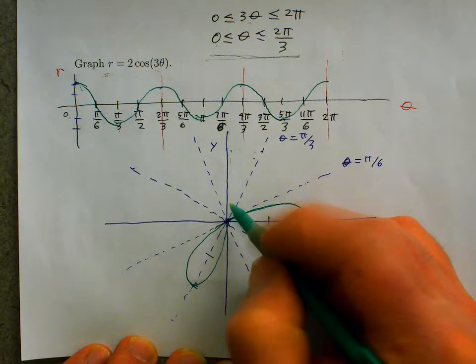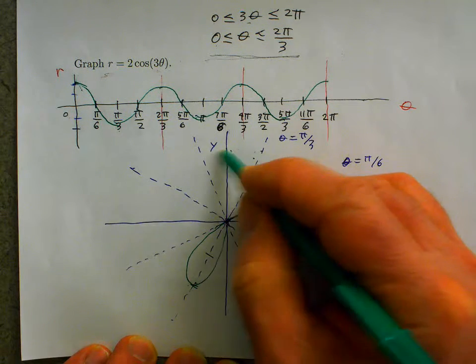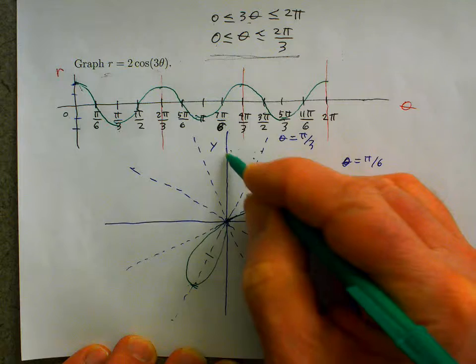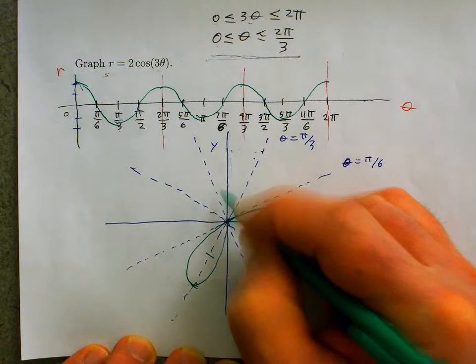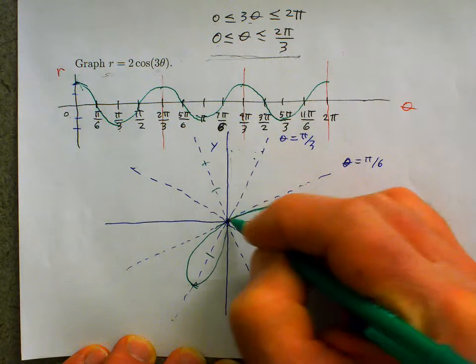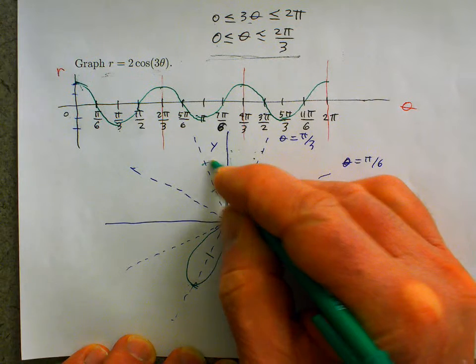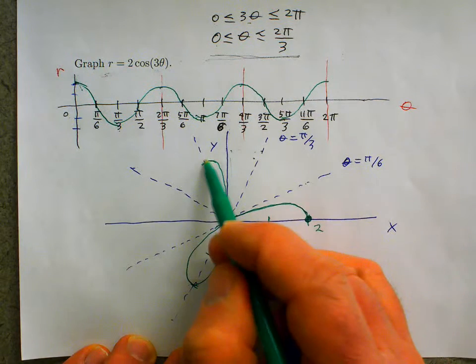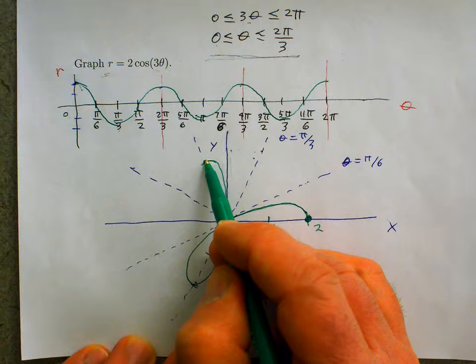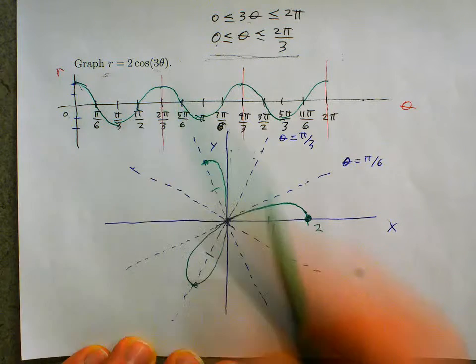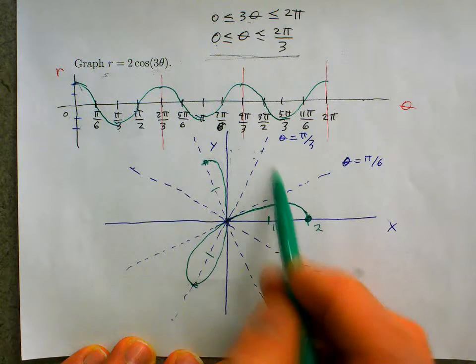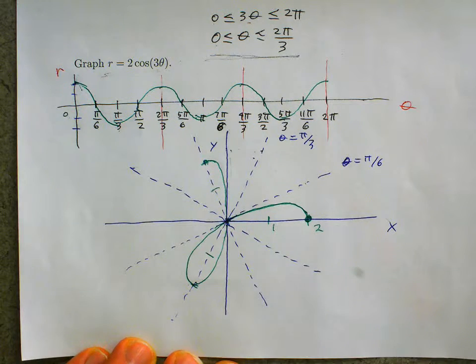So the graph will be in this section. And so it's going to end up, this r value is +2 when theta is 2 pi over 3. Is this making sense?